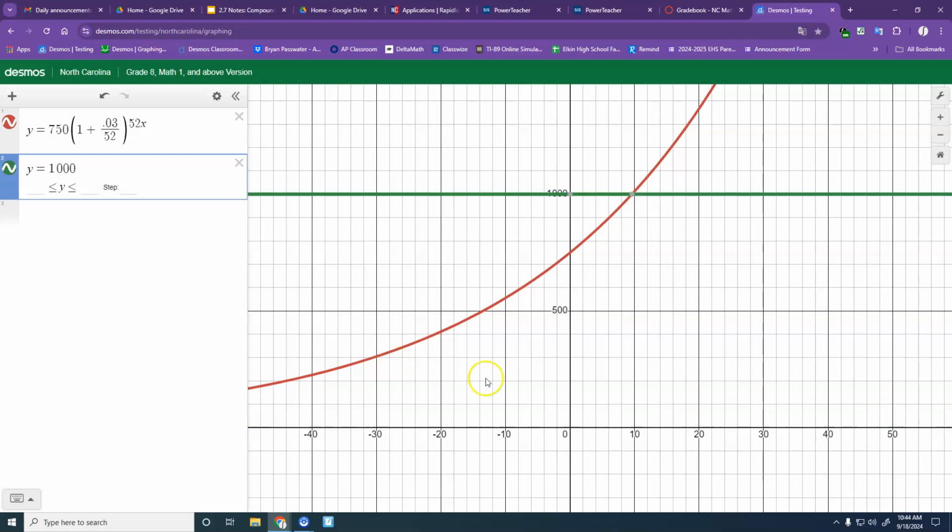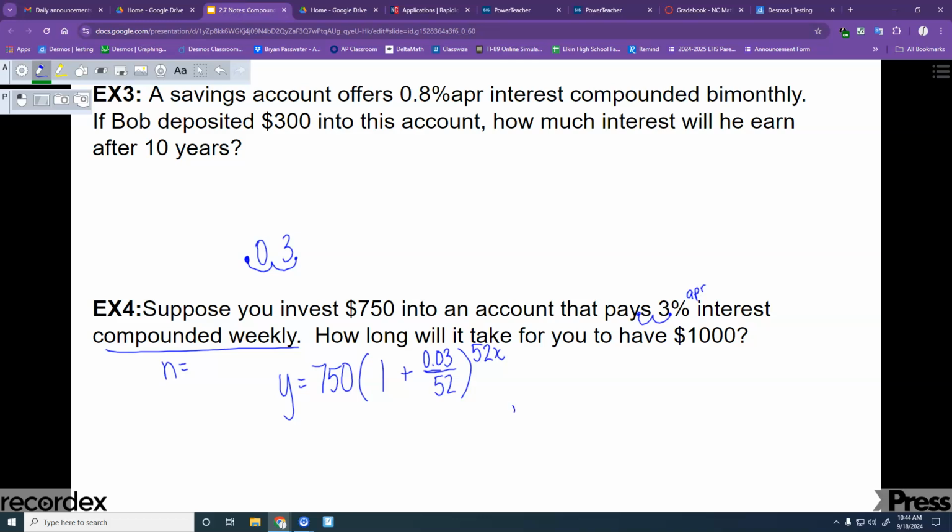And if we graph it, we can see right here where we cross, we got 9.592 years. If it were Delta Math, they'd probably ask you to round it. On the quiz, on the test tomorrow, it's going to be 3 decimal places for pretty much everything. You just leave it like that, yeah.